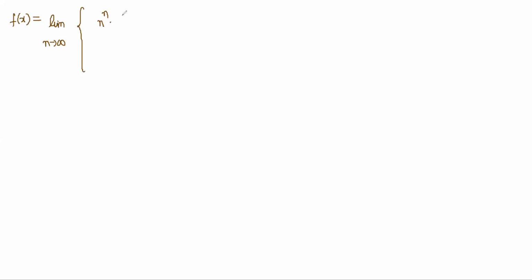So n power n will come out and it will become 1 plus x by n, 1 plus 2x by n, correct?